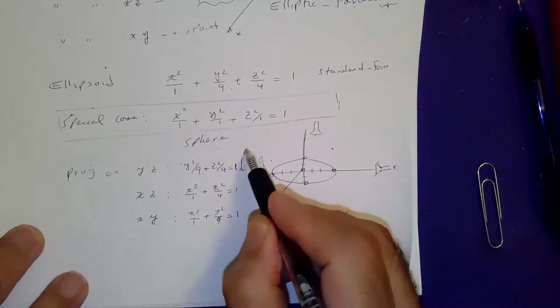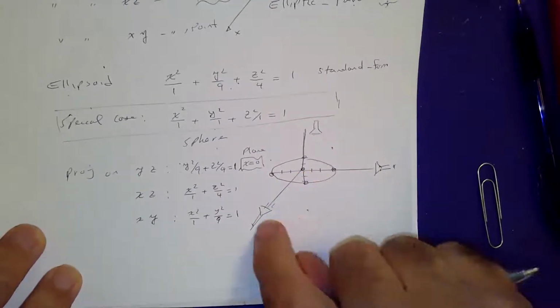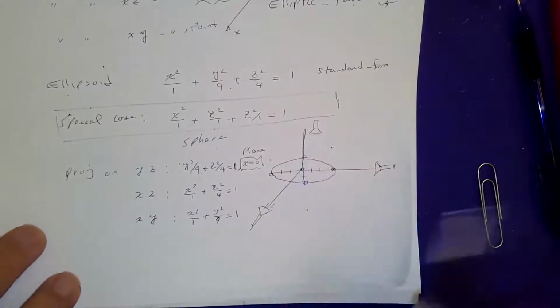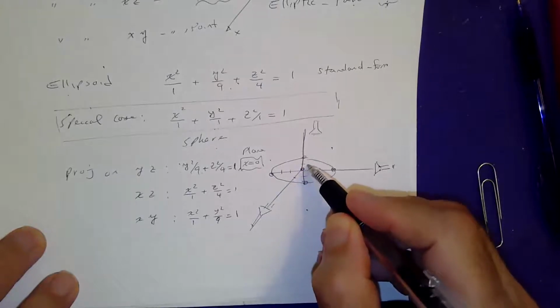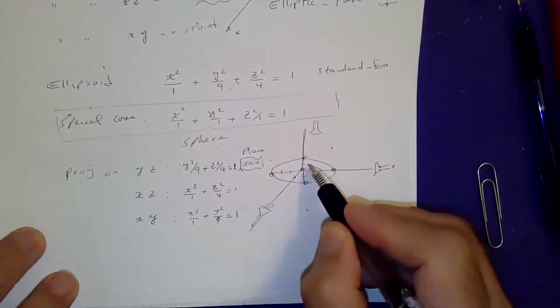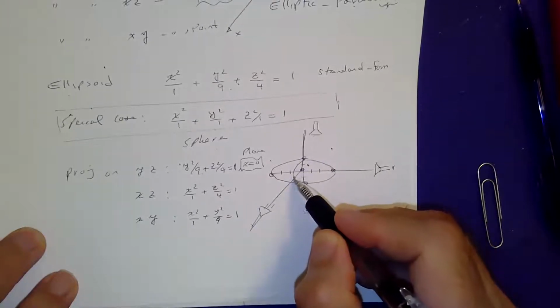What is x equals 0? It's not a point, it's not a line, it's a plane. It's the coordinate plane, this guy. So the intersection is an ellipse. Similarly, here you go plus or minus 1, but z is still plus or minus 2. So you kind of get this guy.